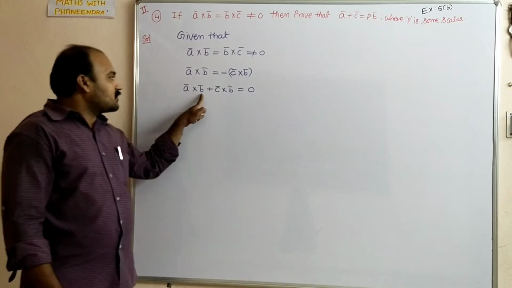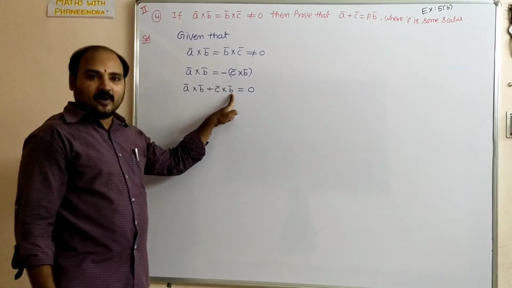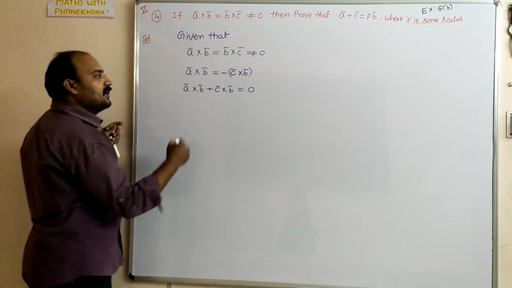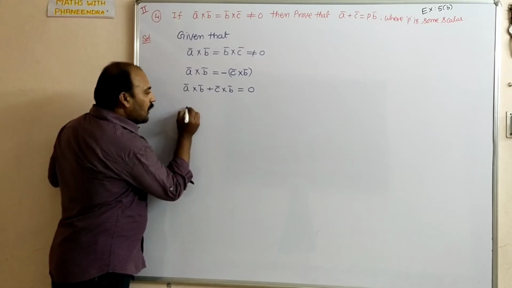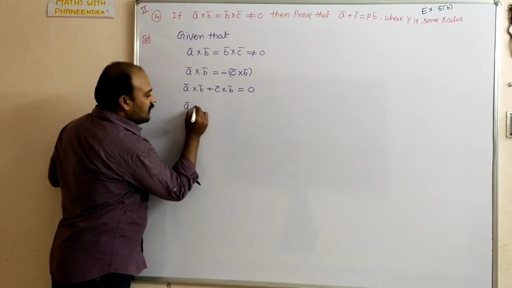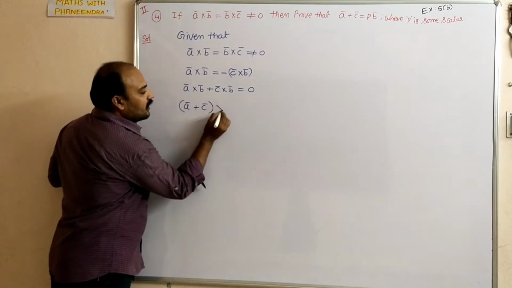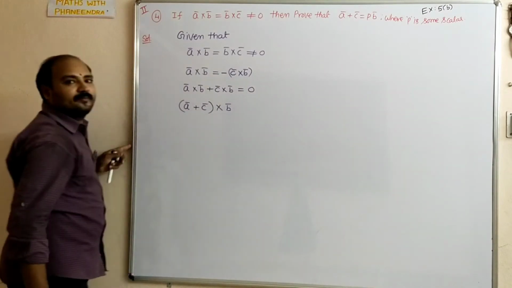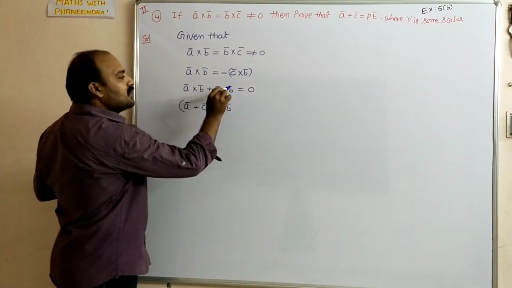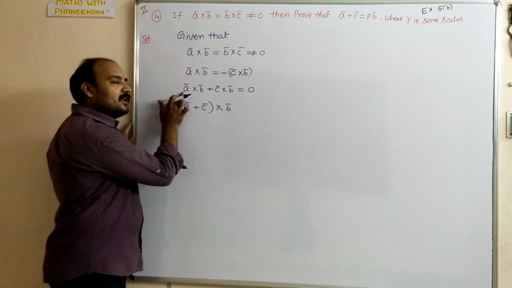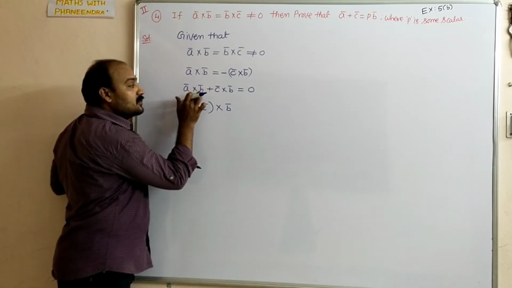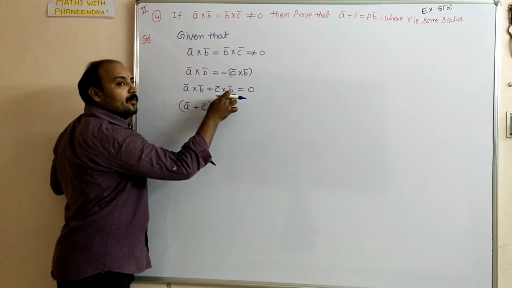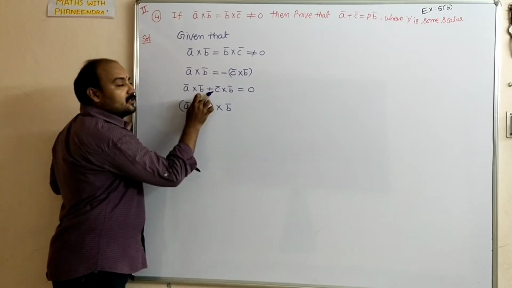So a bar cross b bar plus c bar cross b bar. What I am writing is a bar plus c bar cross product of b bar. From these two, I am taking b bar common. Why? Because a bar is cross multiplied with b bar, c bar also cross multiplied with b bar, and the symbol is plus.